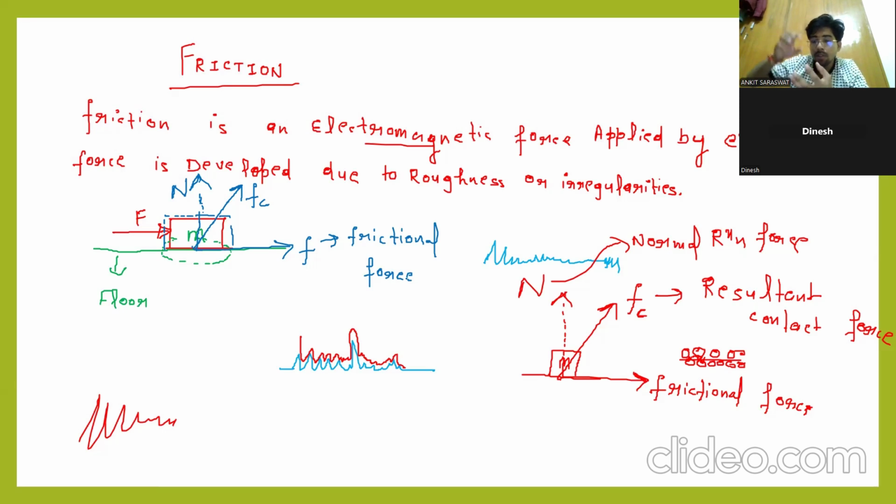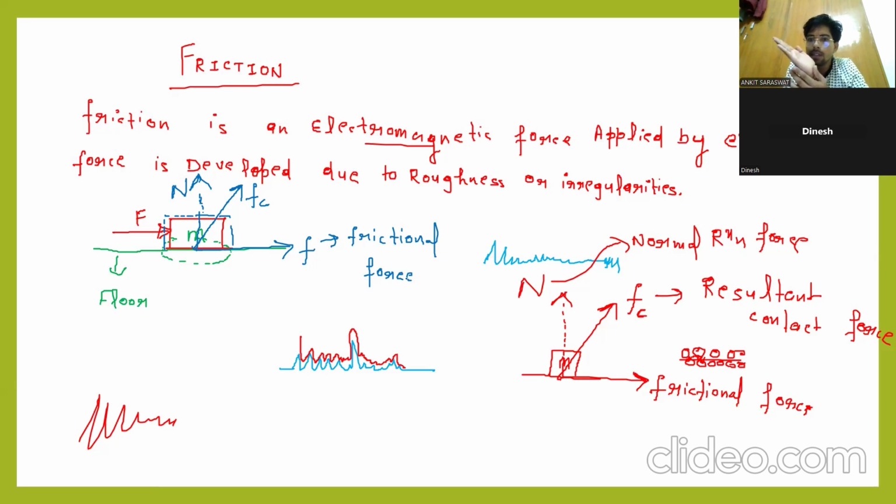Here there is repulsion: the electrons of the floor apply a repulsion force on the electrons of the block. But it should not be at 90 degrees to the surface, because there are deformities and irregularities. So it will be at a certain angle like this.